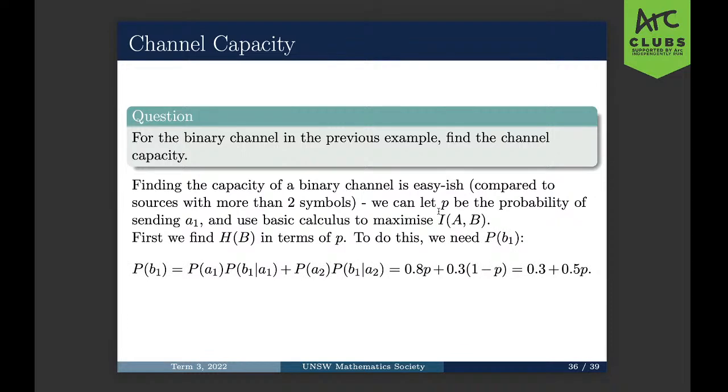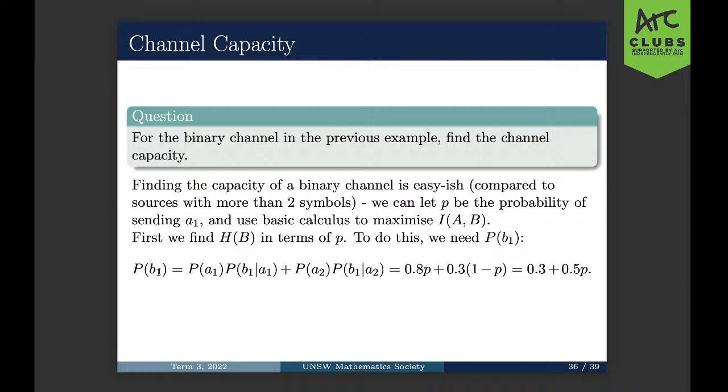To do that, we have to find an expression for the mutual information in terms of P. We do a similar thing, because I(A;B) is H(B) minus H(B given A). To find this, we need to find P of B1.